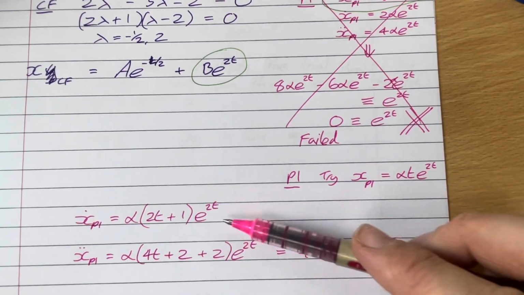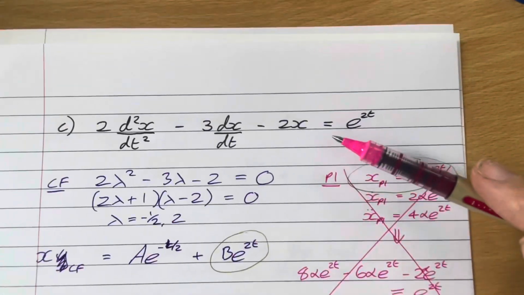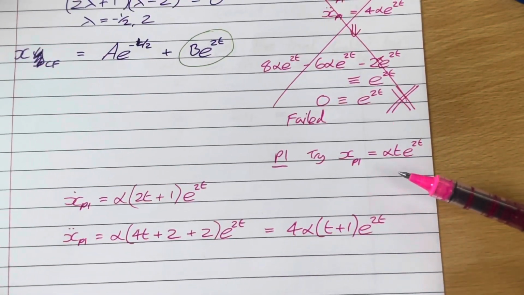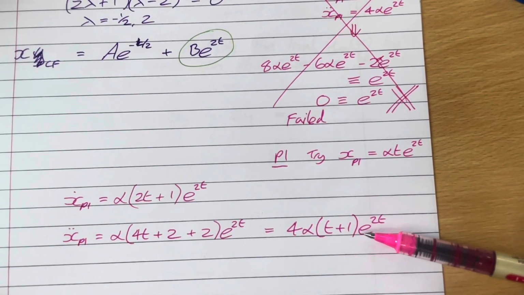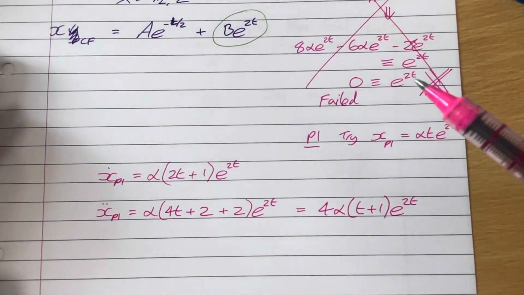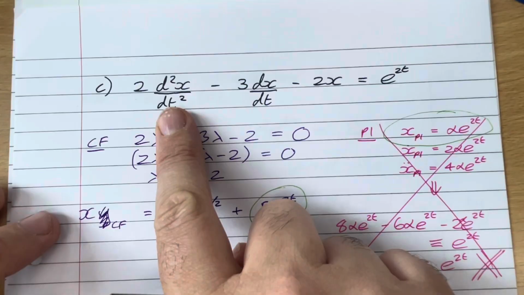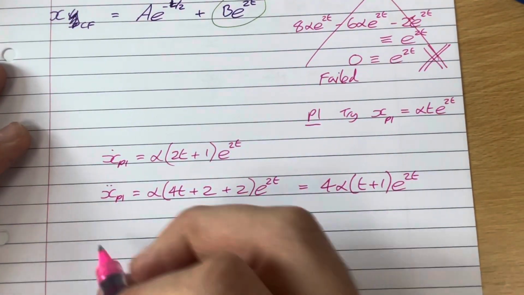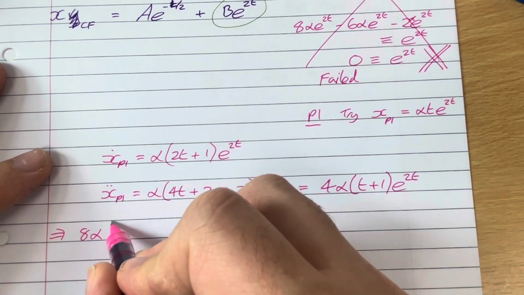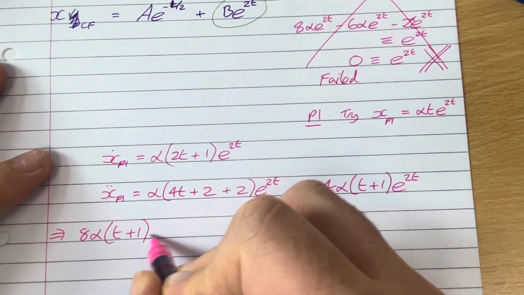So if I take these three definitions and run them through this differential equation, the coefficients of t should actually cancel to give me nothing, and then I'll be left with just functions of e to the 2t. So I want 2 times the second derivative, so I'm going to get 8 alpha into t plus 1 times e to the 2t.